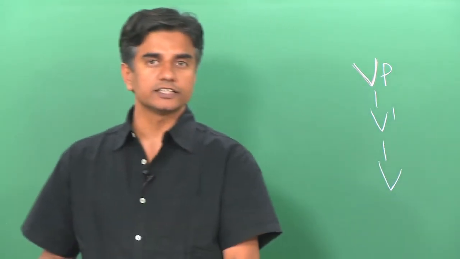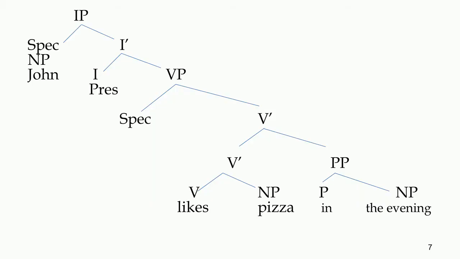Now, if you look at the screen again, you can see the specifier of an IP, which is the top thing in the structure, is the space for a subject. And then it gets branched into I bar, and then we go to I.